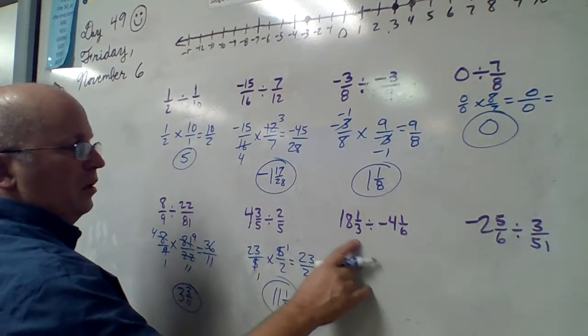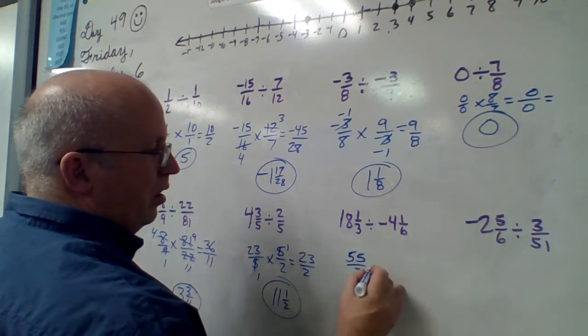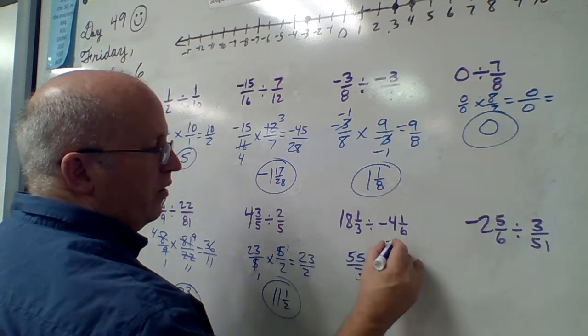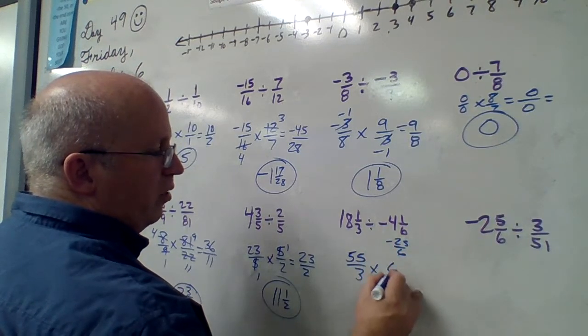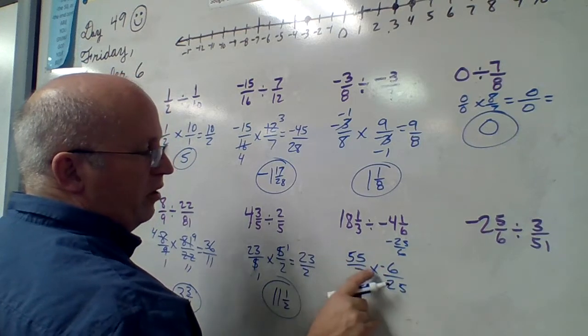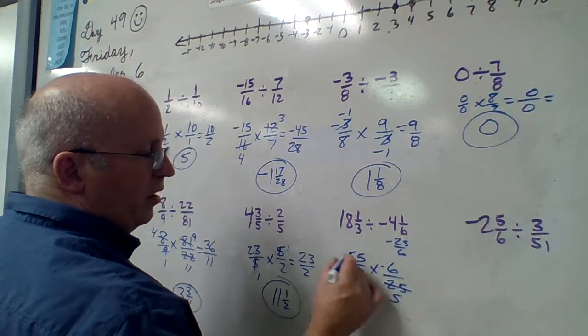How about this one down here? Woo! What is that? That's 54 55/3 times, what is this? This is 24 25/6. So I'd have to flip it to 6/25. I've got a positive divided by a negative. Hey, I can divide by 5.